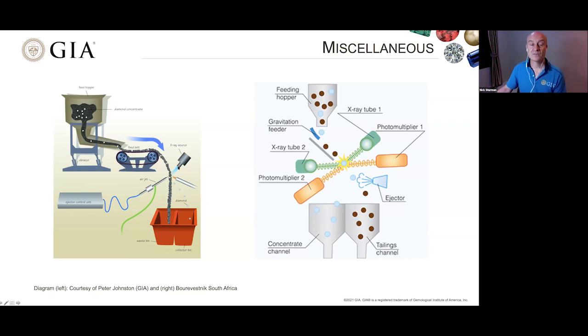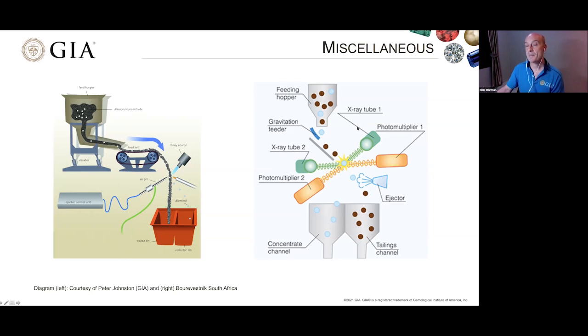And if the diamonds fluoresce, and as you can see in the slide of the brooch I showed you before, most diamonds react very well to the X-rays, the fluorescence will make an air jet work here. The air jet blows the diamond off course into another bucket, and then the other ore, the waste ore, is collected in another area. So the diamonds are able to be separated by using X-rays.